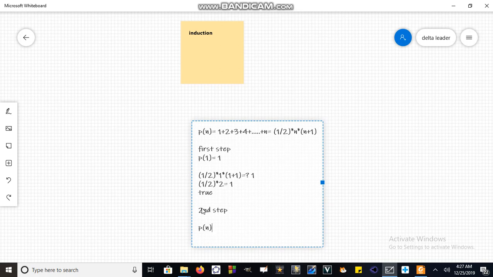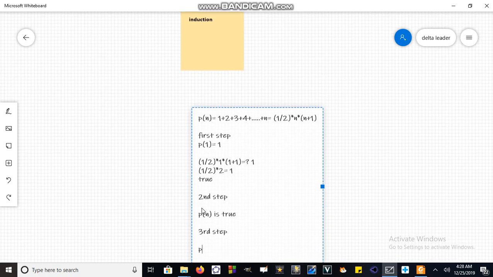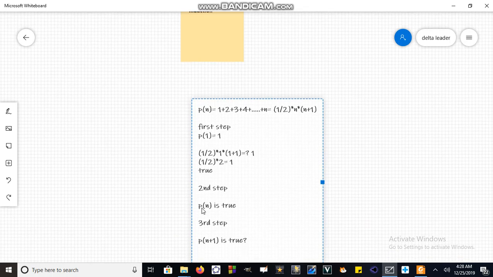We suppose that Pn is true. And then the third step is to see if Pn plus 1 is true. We have to check this.